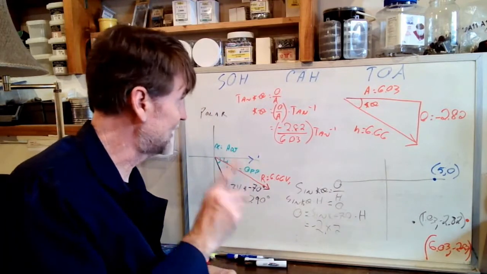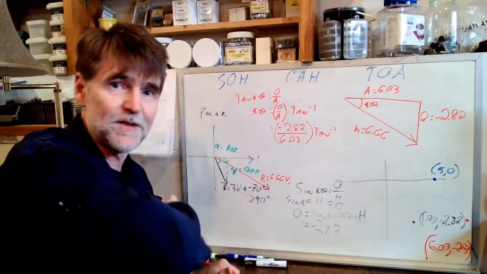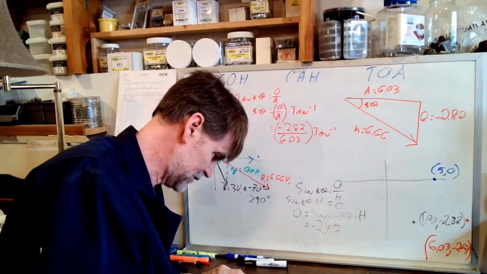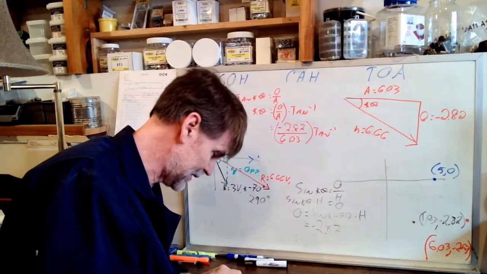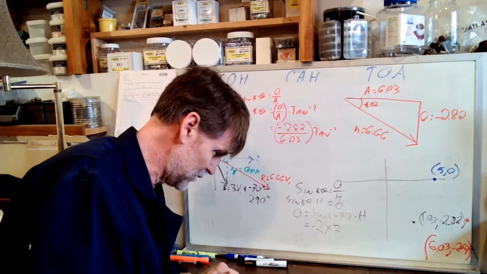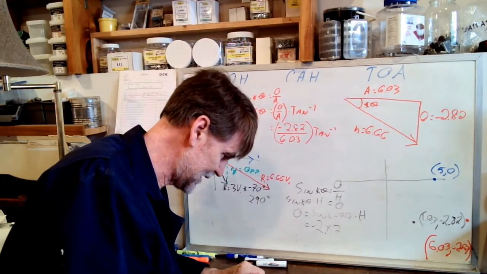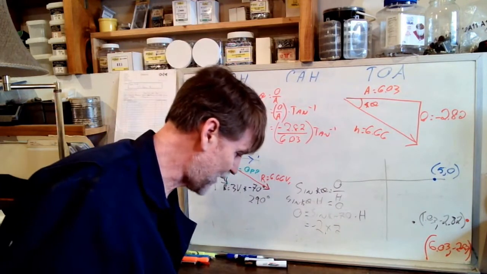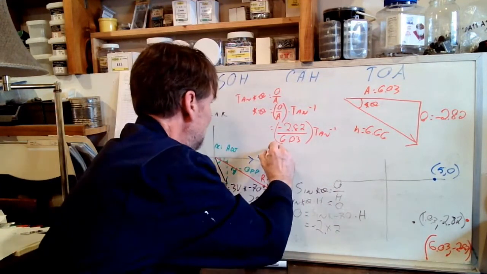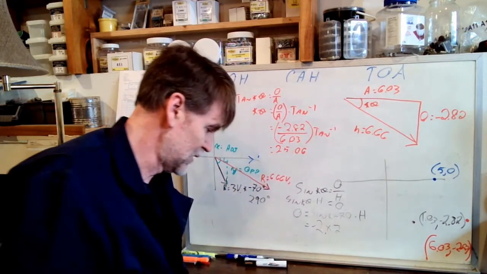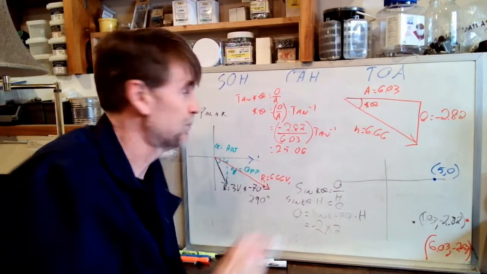First time I calculate this, I'm going to leave this negative sign out of it. Let's see what we get. 2.82 divided by 6.03 equals, second function tan equals, there it is, 25.06. What did we just calculate?